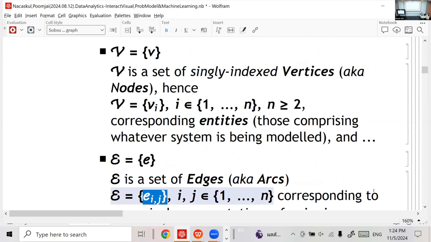Maximum number of edges. Well, it's n squared, right? Because you can have 10 i's, and for each i, you can have 10 j's, including itself, right? So how many edges or arcs can you have? You can have n squared, counting the one that connects to yourself.